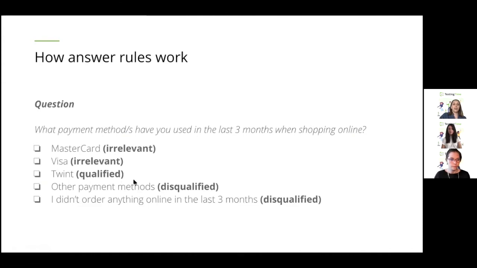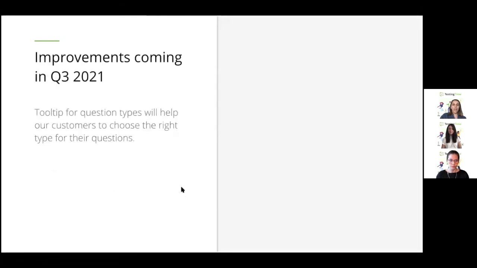Meaning that the value of the irrelevant rule is that you can add more options in your answers. So you just offer the test user more options to choose from, so they won't guess what you're exactly looking for from this question.